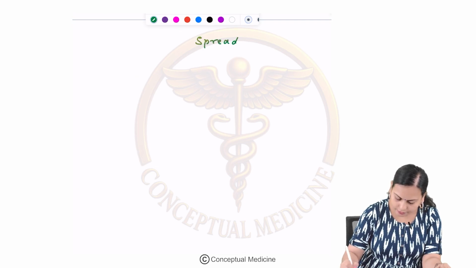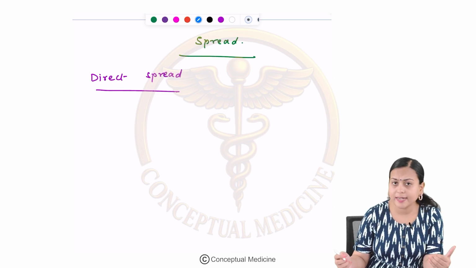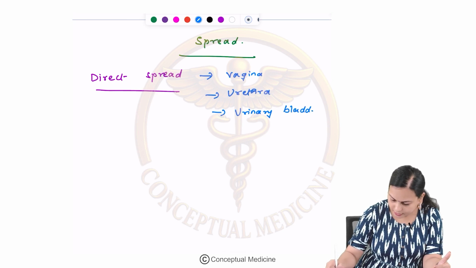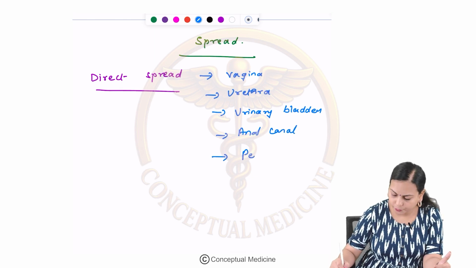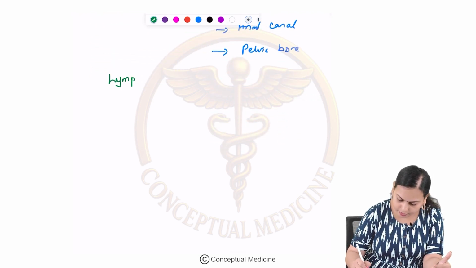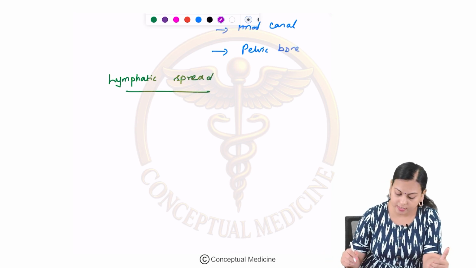Now let's speak about the spread. Direct spread can happen to the vagina, urethra, urinary bladder, anal canal, as well as the pelvic bone. And when we speak about the lymphatic spread, lymph node involvement can be seen in percentage according to the stages I am giving you.